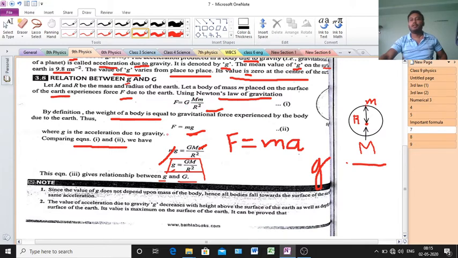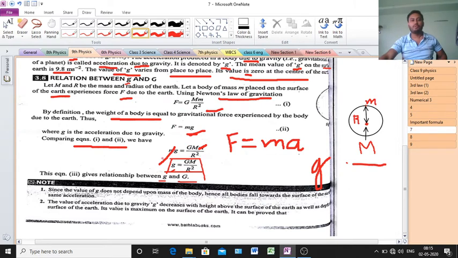Now according to Newton's second law, F equal to ma. Here you have to write g instead of a, because that is due to gravitation, acceleration due to gravity. So put F equal to mg. Actually that is weight. We will discuss after some time.